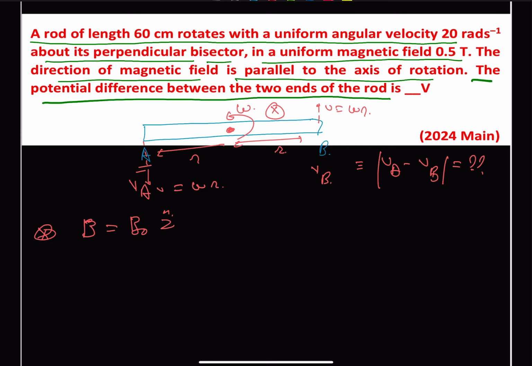So the force, or we can say, because it will be rotating, the Lorentz force acting on the rod, which is our F, is given as Q, V cross B, and here Q is obviously the charge, and that will be our electrons.